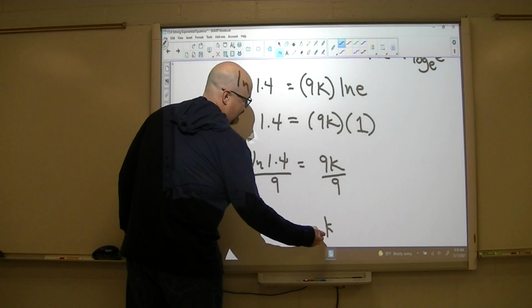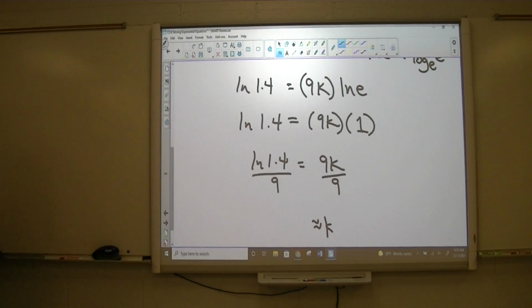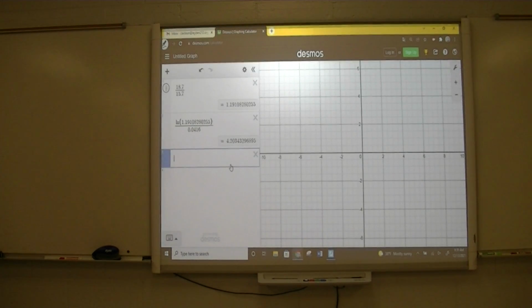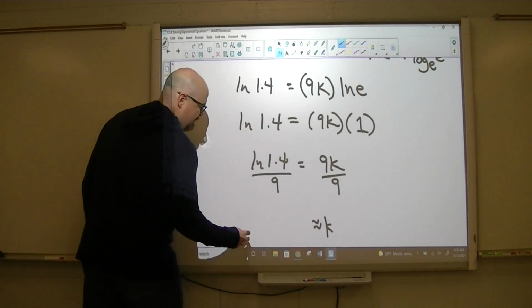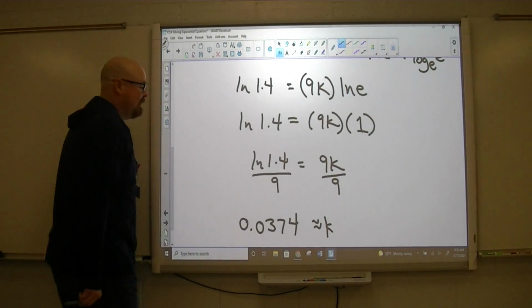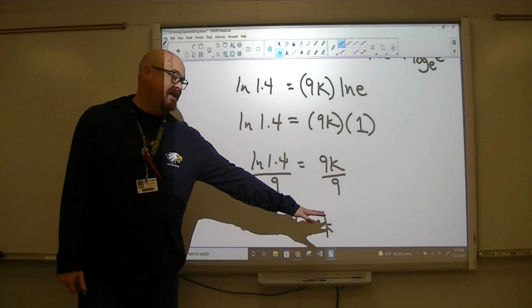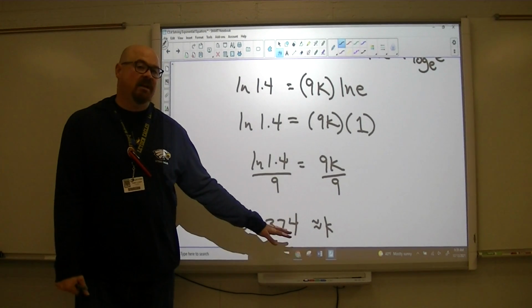So we get k is approximately whatever the natural log of 1.4 divided by 9 is. .0373, we'll say, 374. So we get 0.0374.